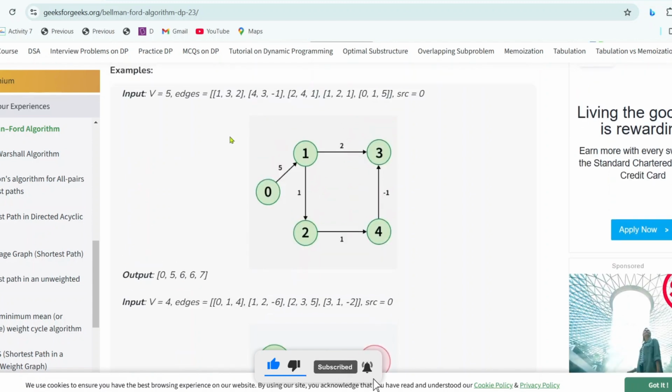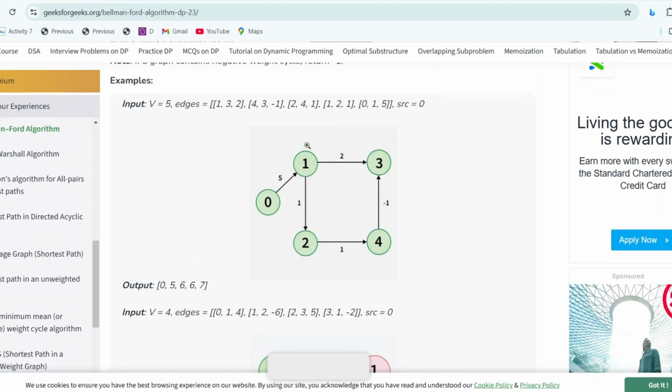For the input one, there is no cycle. You can recheck it. From example one, there is no cycle in it. So we directly step into the problem.